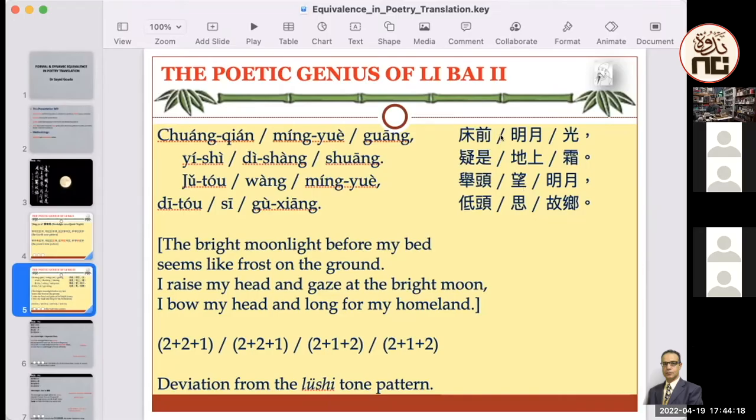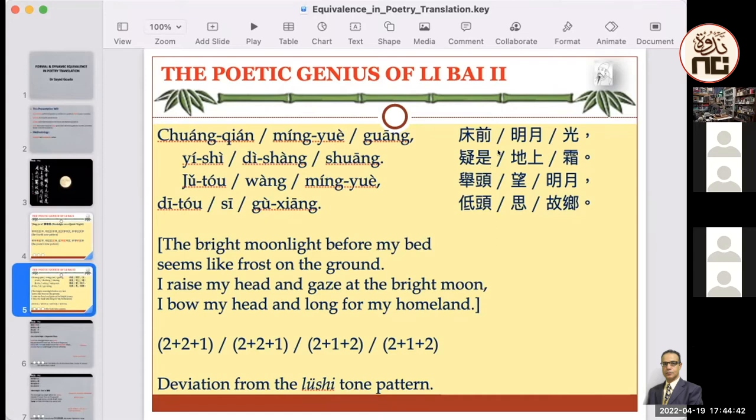Also in Chinese, you may call this hiatus or pause 顿. In English, you may call it caesura, C-A-E-S-U-R-A, meaning hiatus, meaning pause.